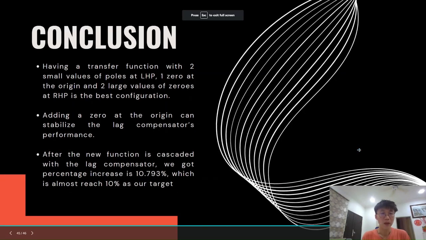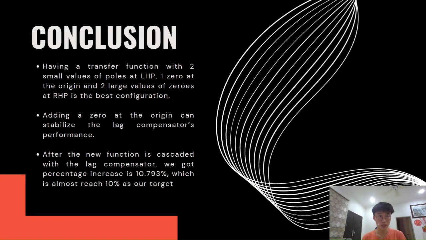Thank you, Andrew. And now let us continue to our last part, which is the conclusion. Having a transfer function with two small values of poles at the left half plane, one 0 at the origin, and two large values of zeros at the right half plane is the best configuration.